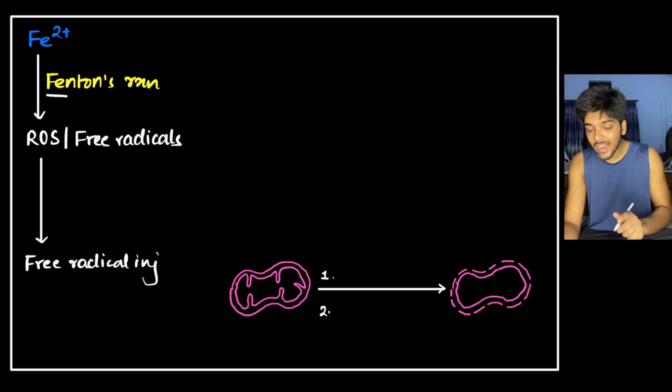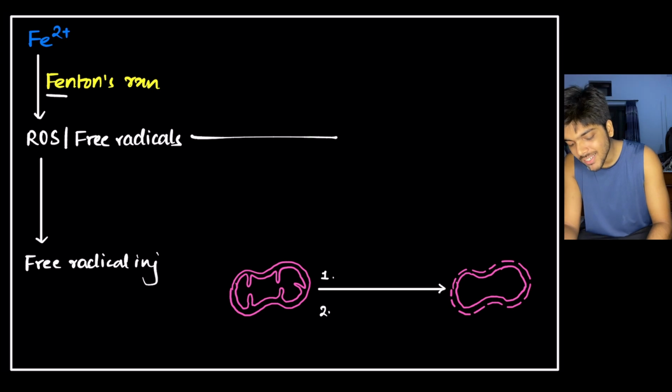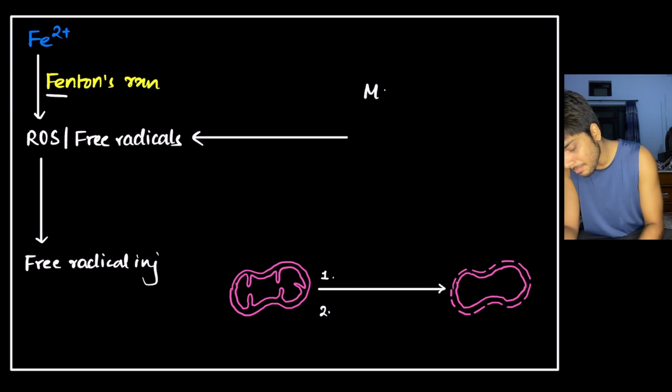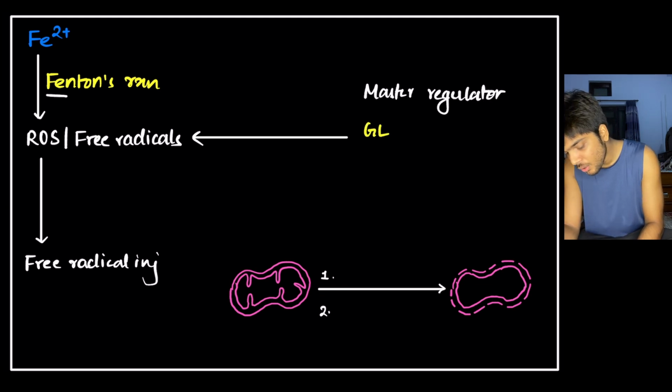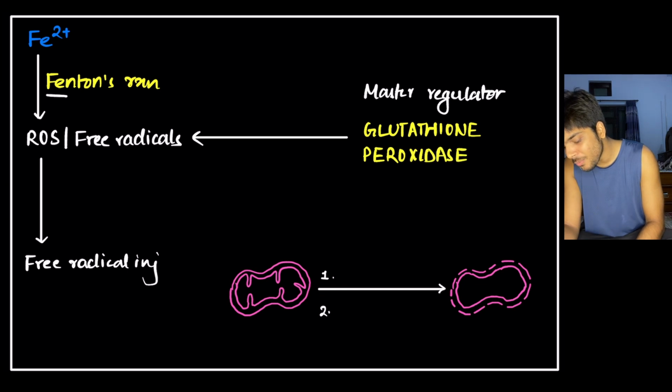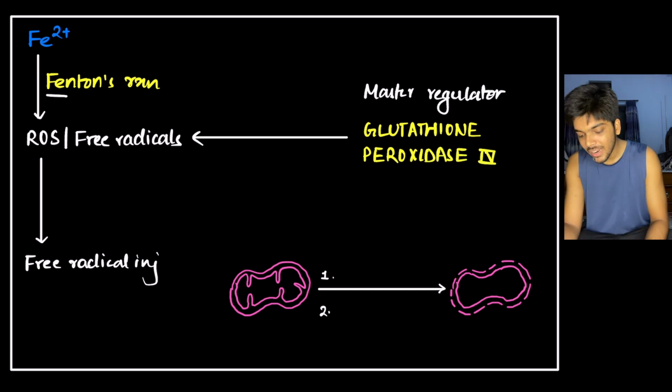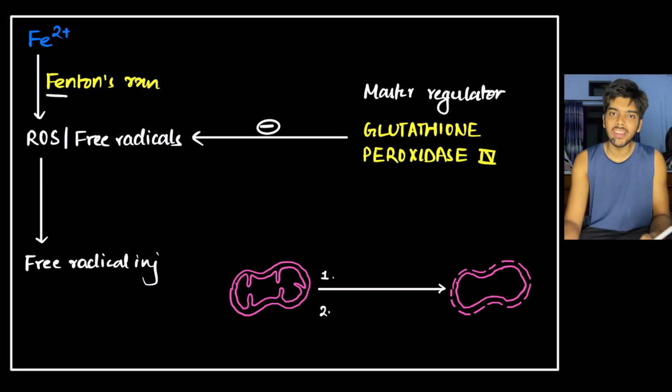But God has provided us with a master regulator. And the name of that master regulator is glutathione peroxidase 4. Glutathione peroxidase 4 prevents the formation of free radicals so that free radical injury of the cell does not take place.